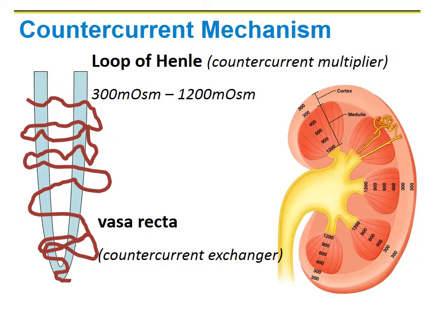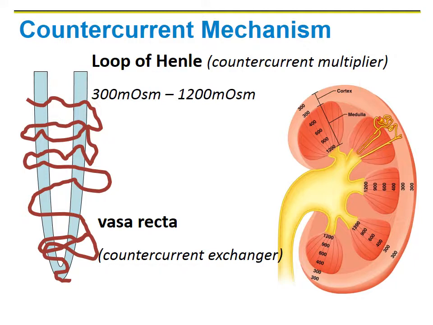Near the cortex, we end up with a little salt in the interstitial fluid, and so the number is small, around 300 milliosmoles. As we move down into the medulla toward the sinus, we see the interstitial fluid salt concentration rising. It is the loop of Henle pumping salt into the interstitial fluid to create this gradient.